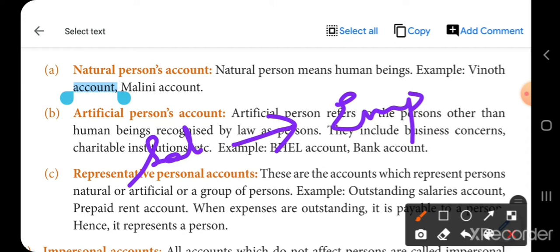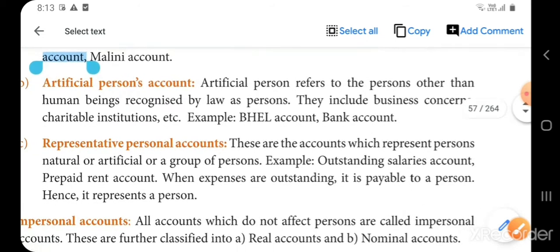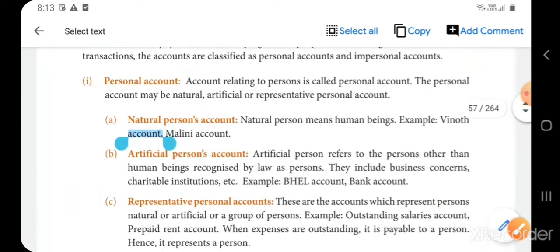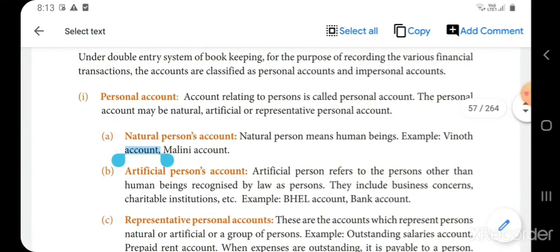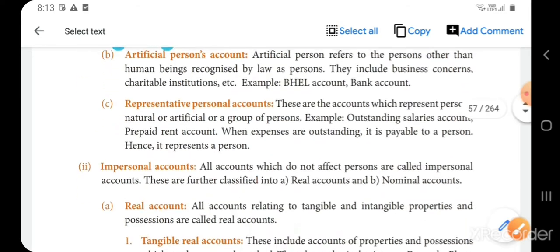That is why we categorize it as a representative personal account. Salary outstanding and prepaid rent are categorized into representative personal account. So, the accounts are classified into personal account and impersonal account. Personal accounts are natural person, artificial person, and representative person accounts.